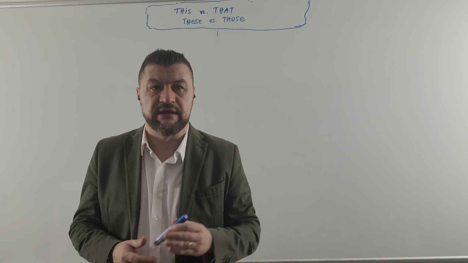It's near me. So everything that is in my area, everything that I could touch with my hand, and if it's singular, I will say this. For example, this board, okay?